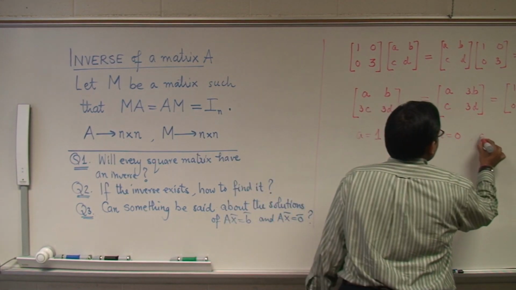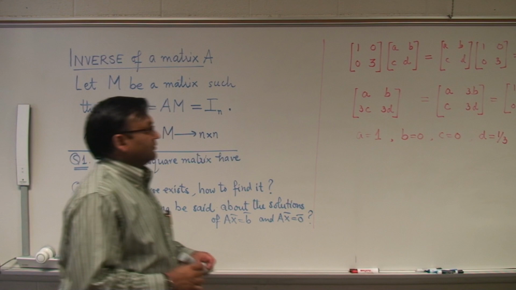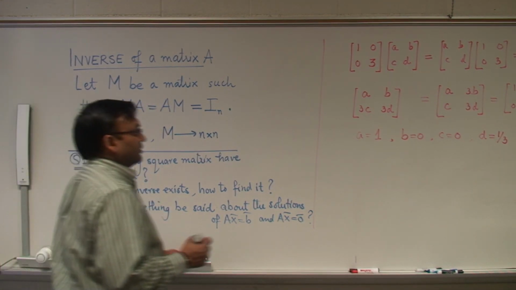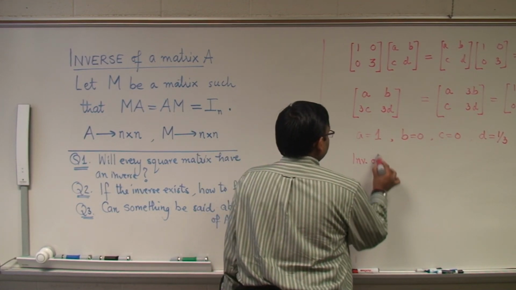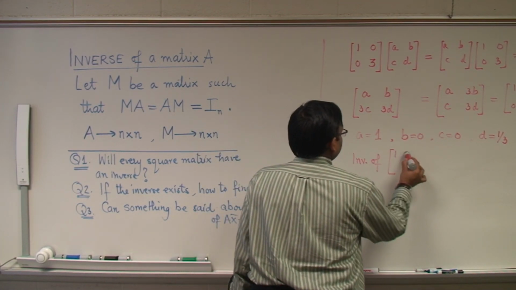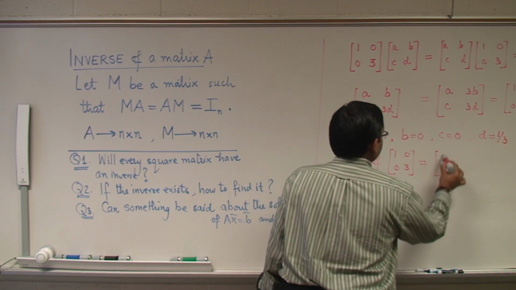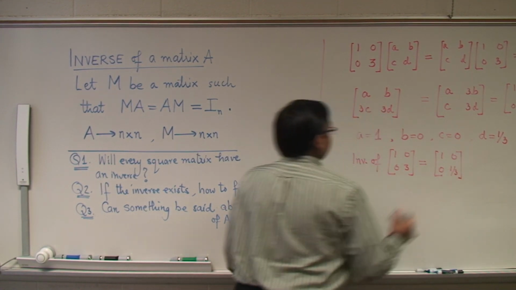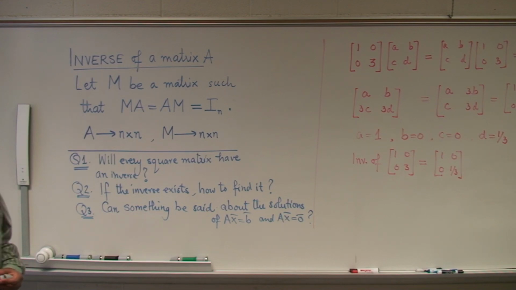And D must be 1/3. So in that case, both these matrices turn out to be the same identity matrix. So we can say that the inverse of the matrix 1, 0, 0, 3 is the matrix 1, 0, 0, 1/3. So at least we have some evidence that there are matrices whose inverse exists.